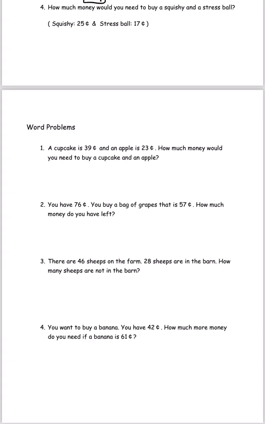Okay, so on this page we have word problems. So let's look at number 1 then. It says a cupcake is 39 cents and an apple is 23 cents. How much money would you need to buy a cupcake and an apple? So it's the same thing.